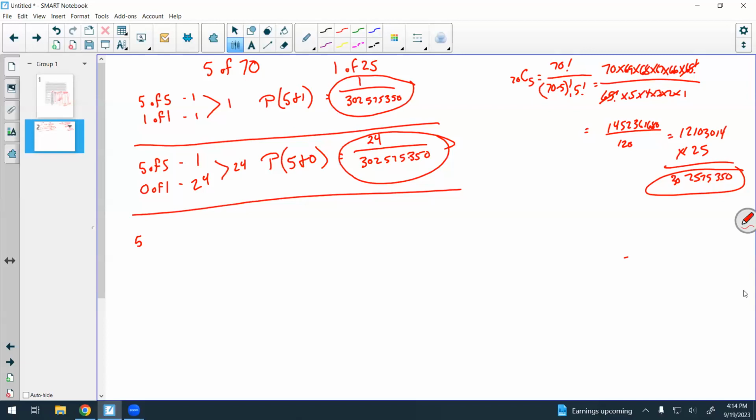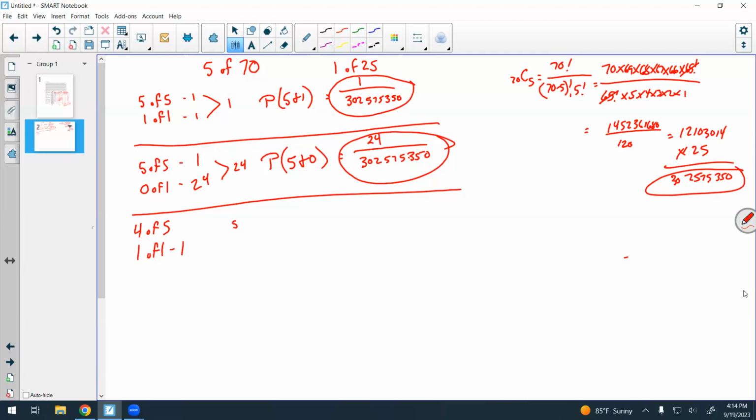Next, we have 4 of 5 and 1 of 1. Well, 1 of 1 is just one way, right? You already determined that. 4 of 5.